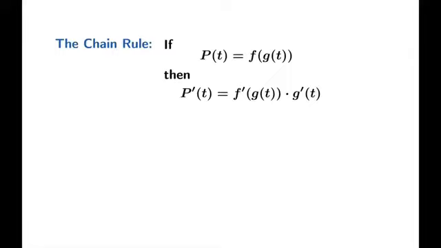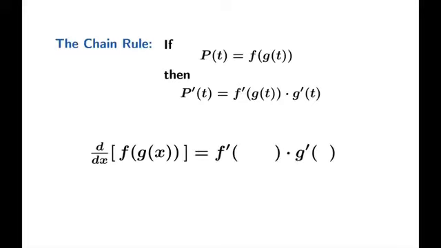Let's have a go at the chain rule one more time. We'll start with the composite function f of g of x and ask what is the derivative with respect to x of this function. Using the principle that rates should multiply, we know that it's a derivative of f times the derivative of g. But where are we going to evaluate these functions?